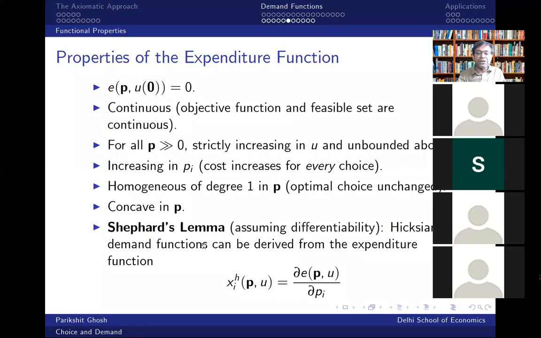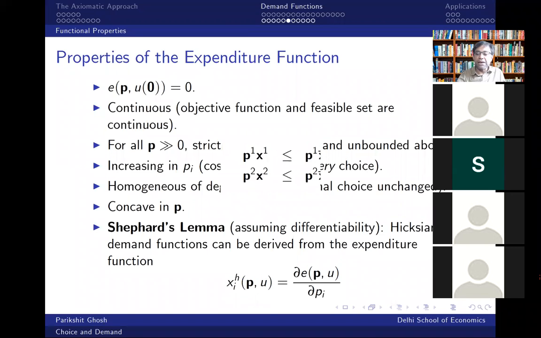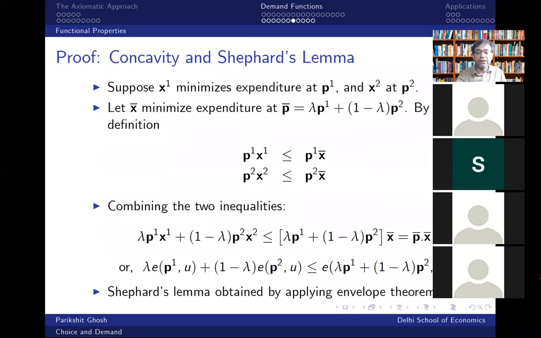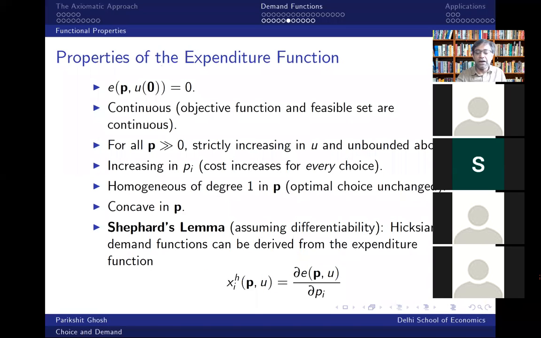I'll get to concavity in just a second. Can you guess which mathematical result we have to use to prove Shephard's lemma? Envelope theorem, right? It's absolutely straightforward. I'll leave it to you.